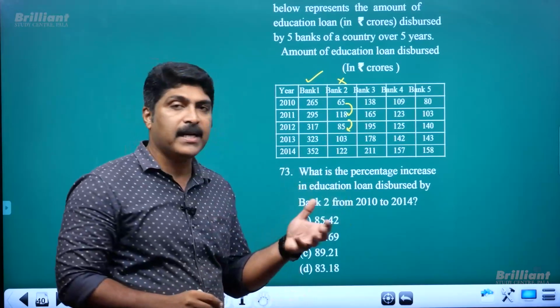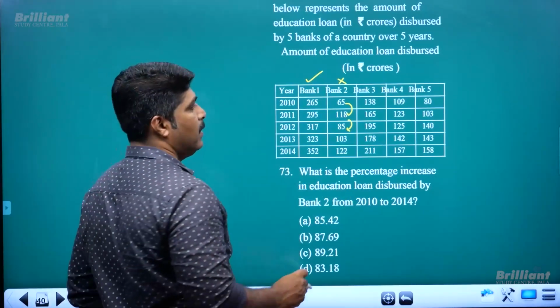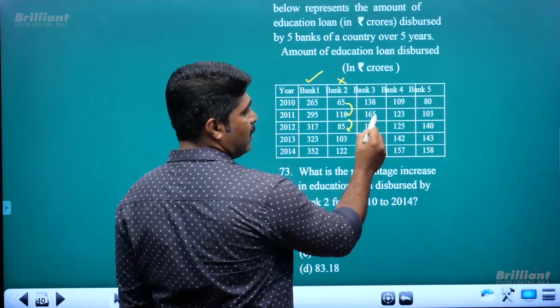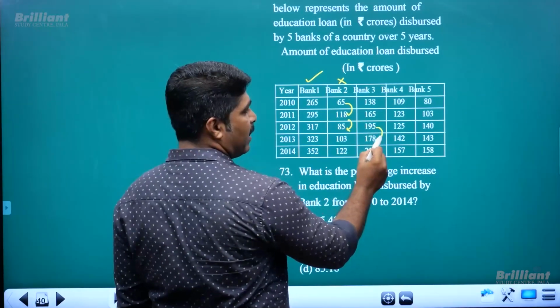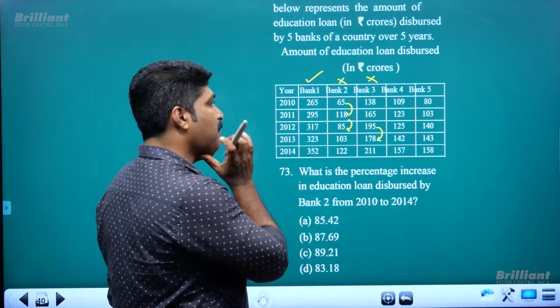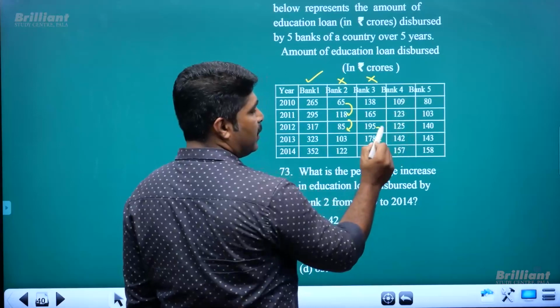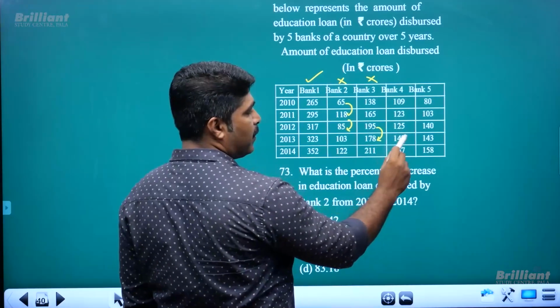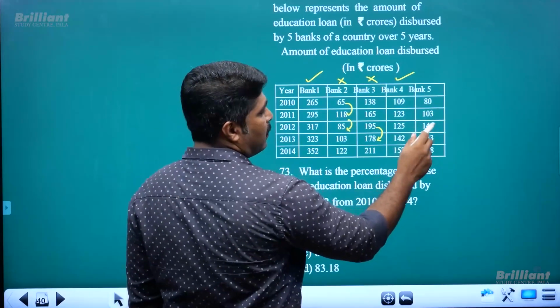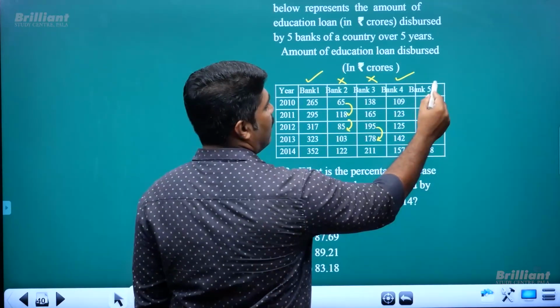It should keep a continuous increase or decrease. Here it's an increase. Next one is an increase, but here it's a decrease. Therefore, it's also not satisfying. And bank 4, we just consider 109, 123, 125, 142, 157. Yeah, it's also satisfying. This is 80, 103, 140, 143, etc.